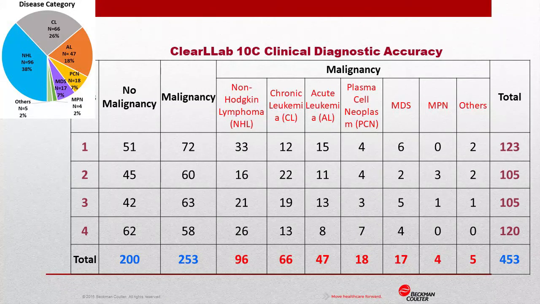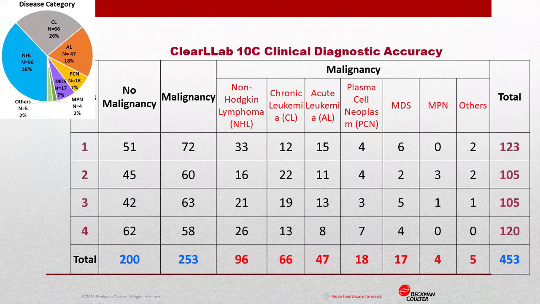Obviously, you want to run some with no malignancy and some with malignancy. This is a spread of what we saw. Most of them were non-Hodgkin's lymphomas, then chronic leukemias, a fair number of acute leukemias, so that's 1/9. So that would be around about 10% or so, 11% of the samples were acute leukemias, a fair number of plasma cell neoplasms.